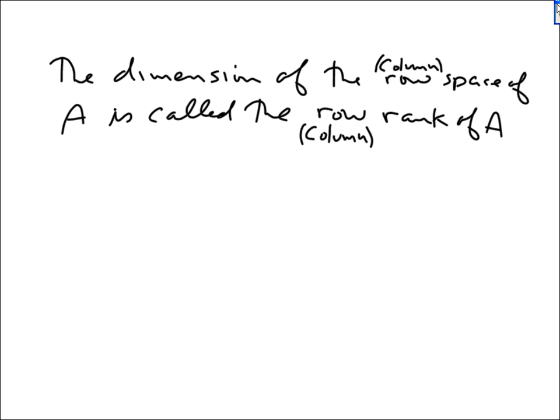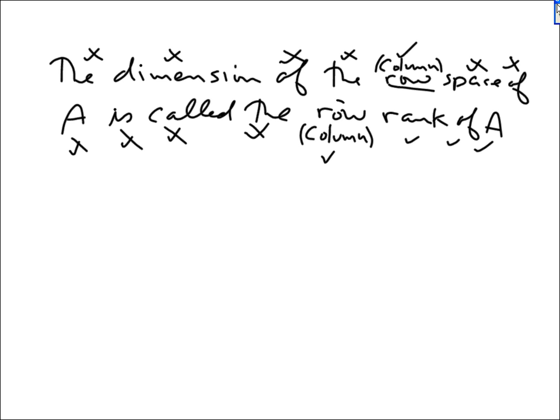If we were going to read everything in brackets, the dimension of the column space of A is called the column rank of A. We are going to read what's not in the brackets: the dimension of the row space of A is called the row rank of A.